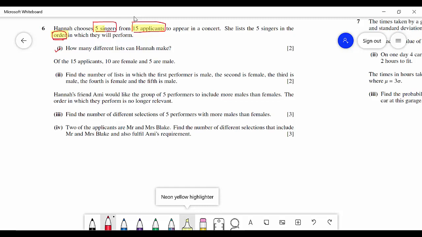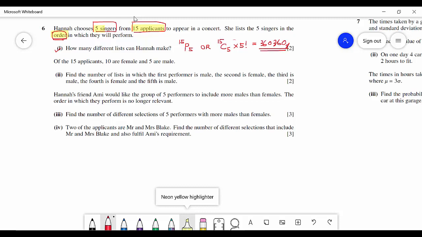So it will be either 15P5 or you can write it as 15C5 multiplied by 5 factorial. This means you choose 5 singers first and after that you arrange the sequence they perform. You realize the answer will be the same for this case, which is 360,360. So this is a straightforward question.